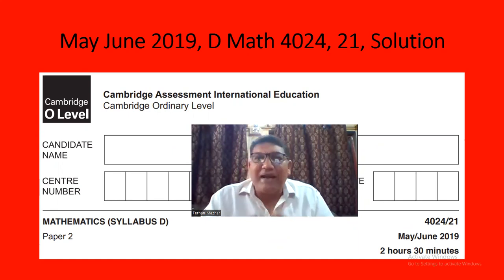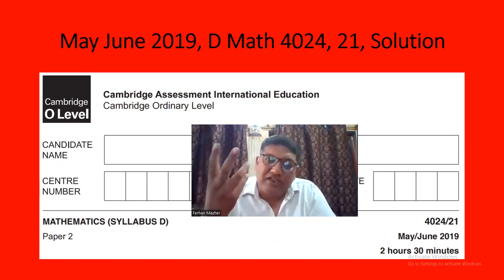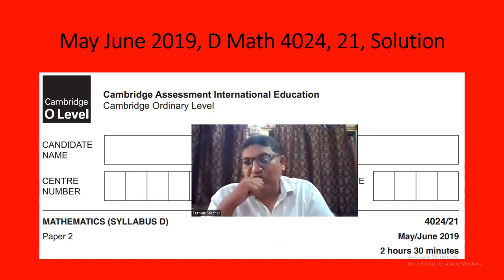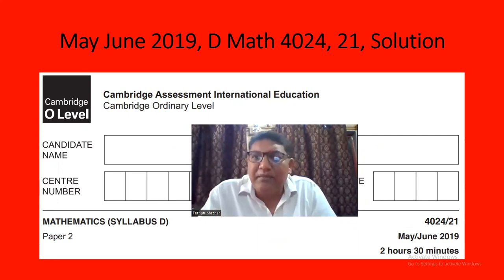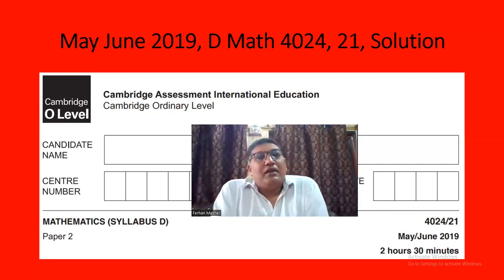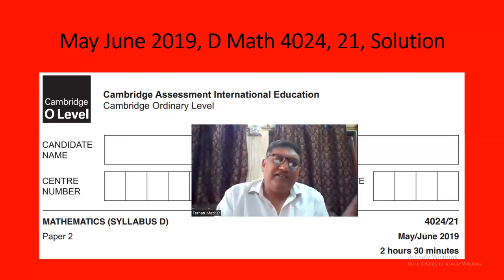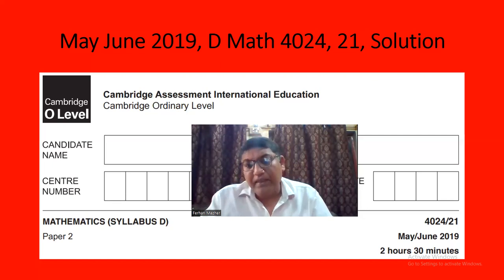I have tried my best to write the solutions in a way that you can understand easily, and I've also tried my best to describe the solutions in words. If I have made some mistake, I am a human being, it's possible that I might make a mistake. So whenever you see a work, please check it with the marking scheme.